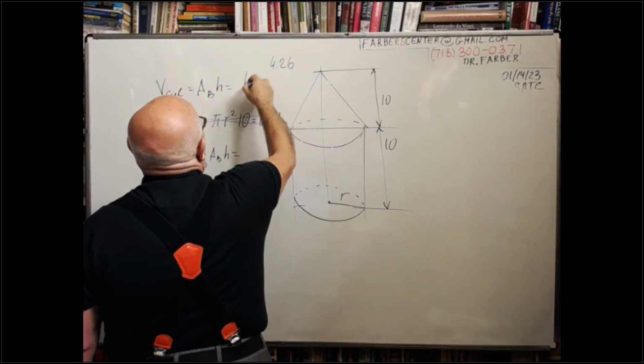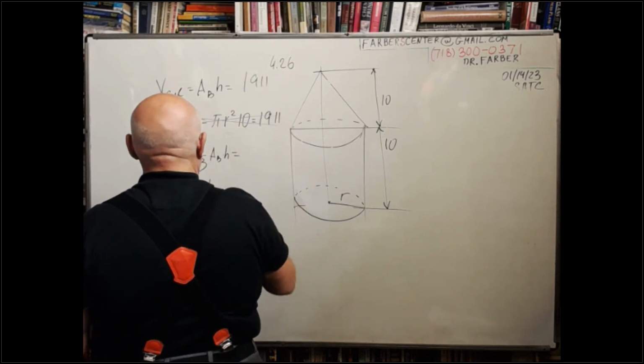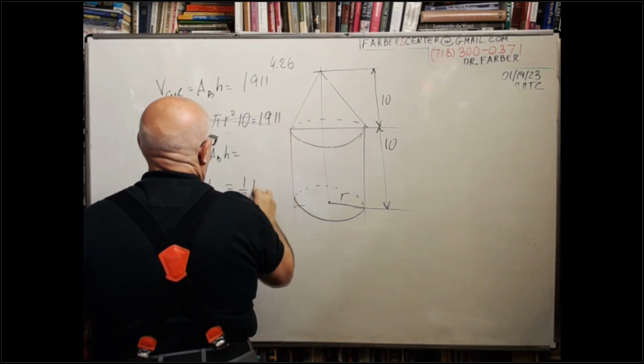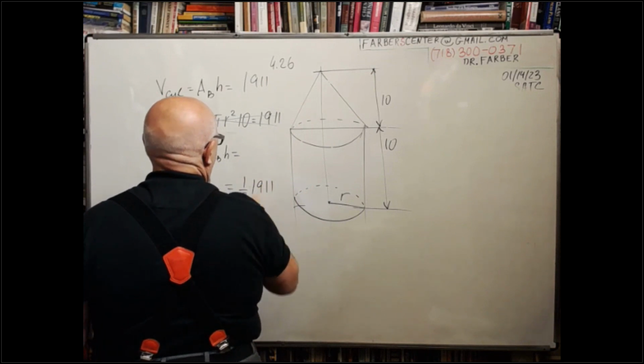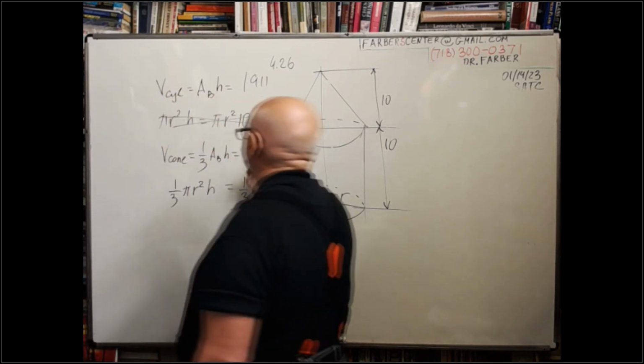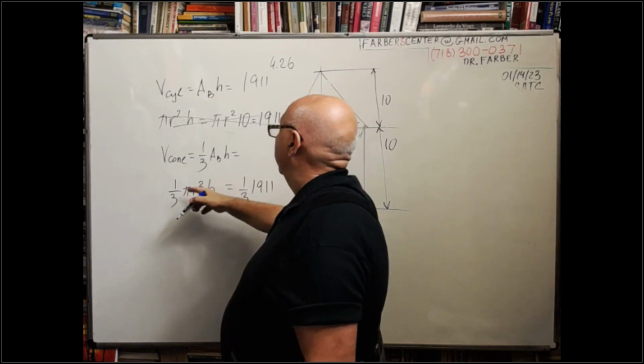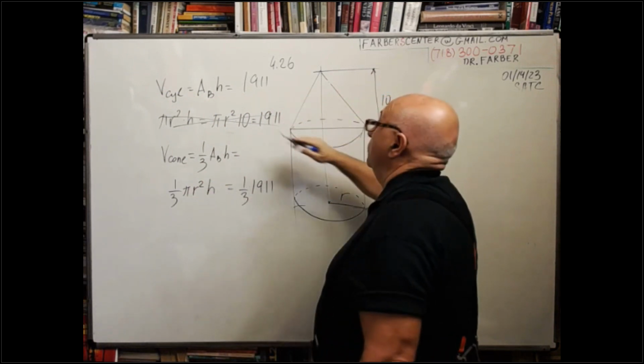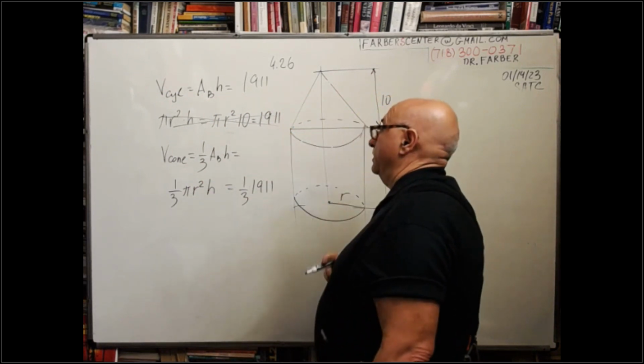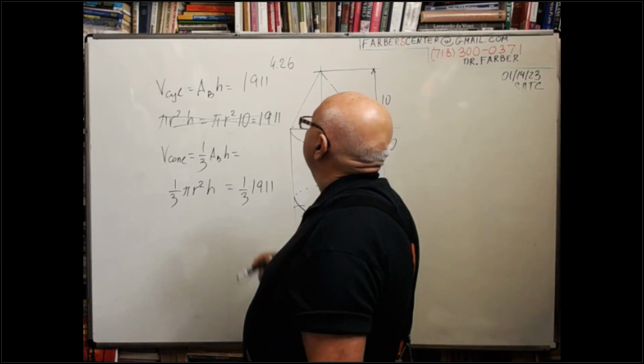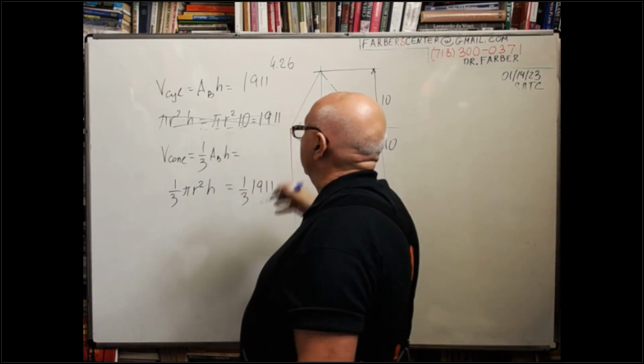This equals 1911. This is 1/3 of 1911. Because if you look at this formula, you see this is 1/3. Why? Because height is the same. You can use it, it's not a mistake, but I show faster. Maybe you're supposed to use it to see the structure is the same.